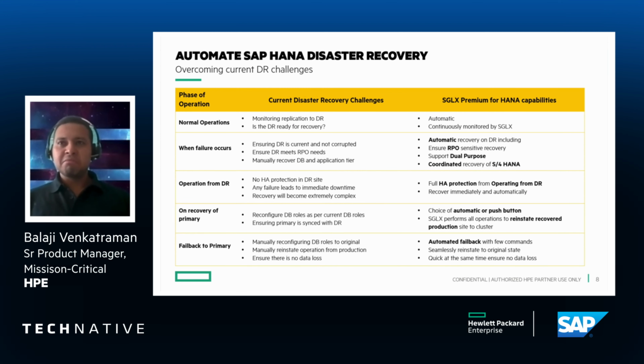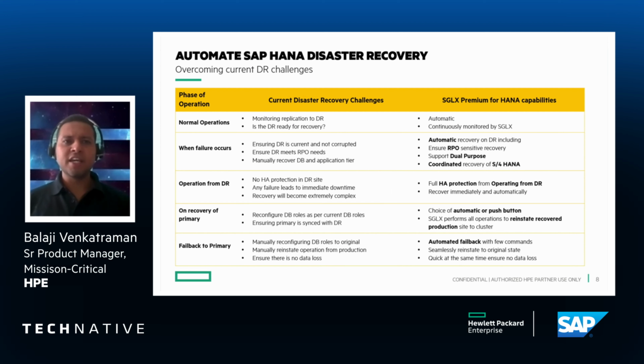So just imagine, from having multiple manual or semi-automated operations in different phases, each one complex and fraught with risks, it is all taken care of for you now with this new solution. That's why we feel Serviceguard for Linux Premium will add a lot of value to customer environments.